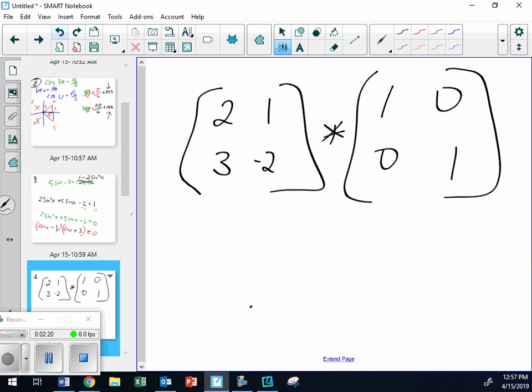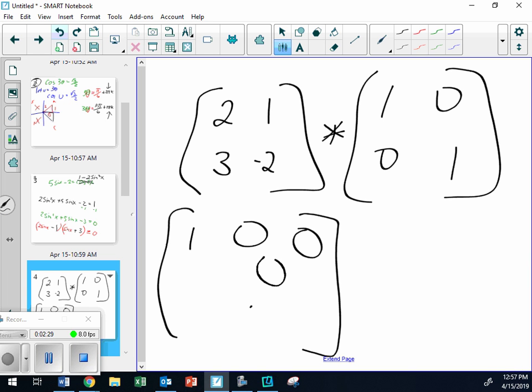What if the matrix is bigger though? Like, what if the matrix is like 3 by 3? Do you think it's that? Any guesses? If I told you that that much was right?